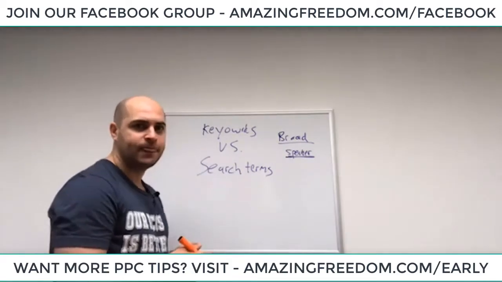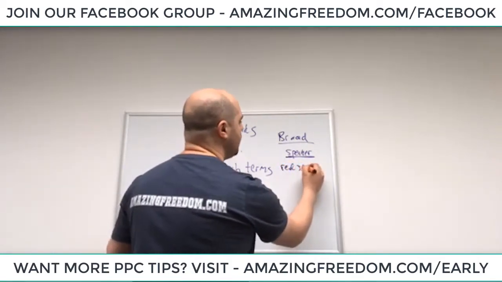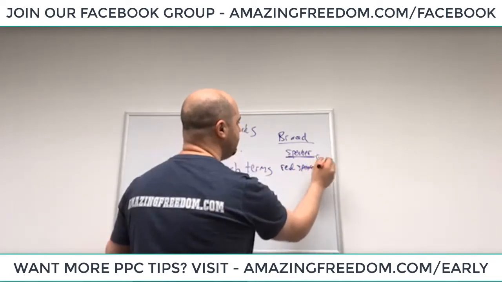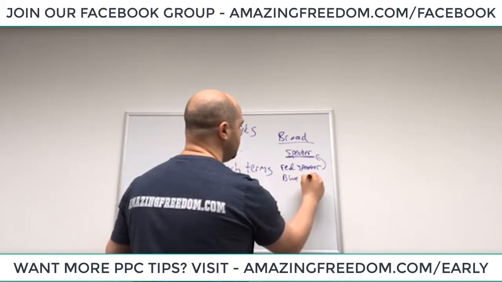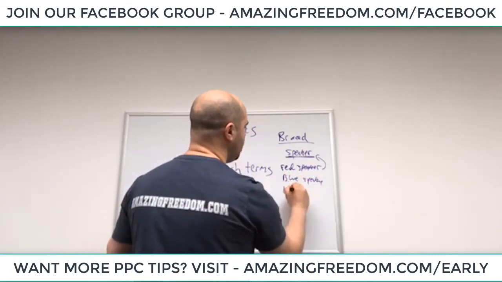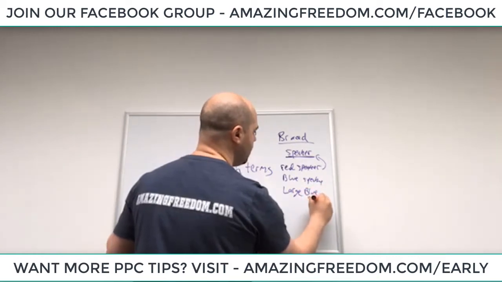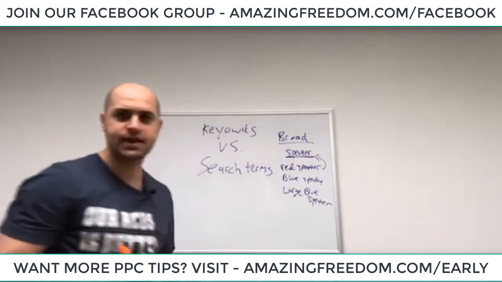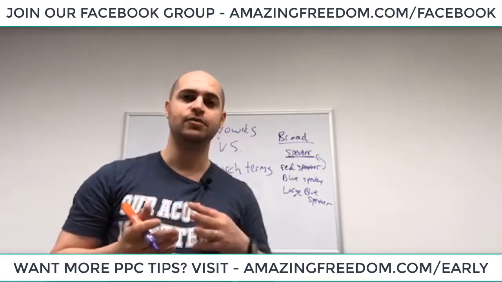So, for example, if somebody searches for red speaker, that could trigger your ad to show up. If somebody searches blue speaker or large blue speaker, all those things can trigger your ad to show up in sponsored products, right?